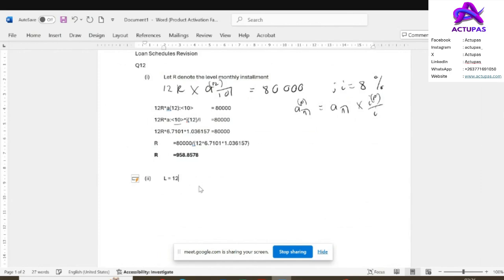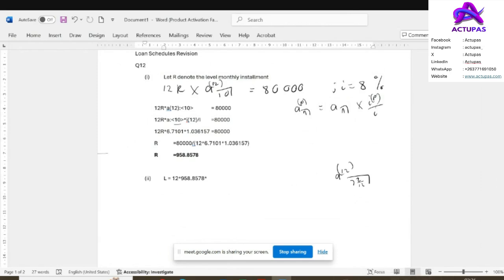So this would be 12 by your R of 958.8578, by A 12, 7 and 2 over 12. We are going to write it using the notation that's required in an exam.